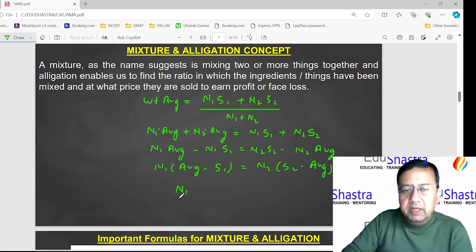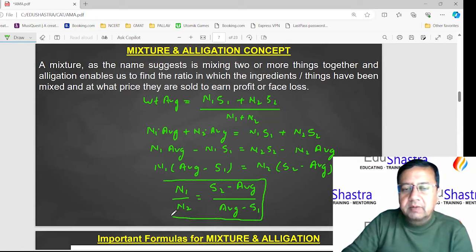So this is N1 upon N2 is equal to S2 minus average divided by what? Average minus S1, right? So this is my new arrangement, and this was my earlier arrangement.